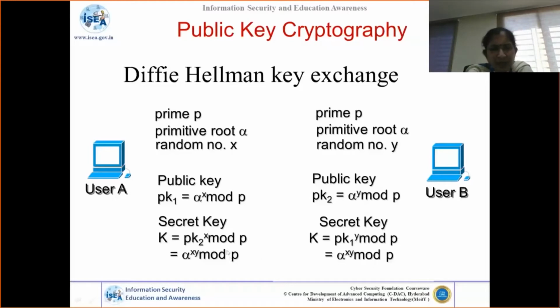So the alpha XY mod P generated at both ends is nothing but the shared secret key.